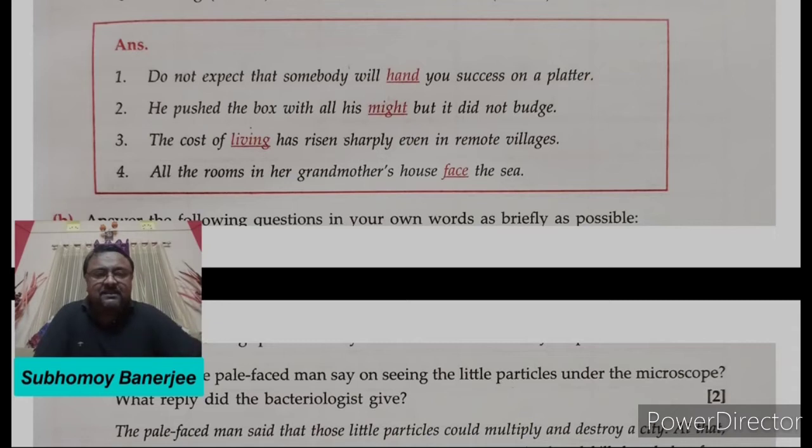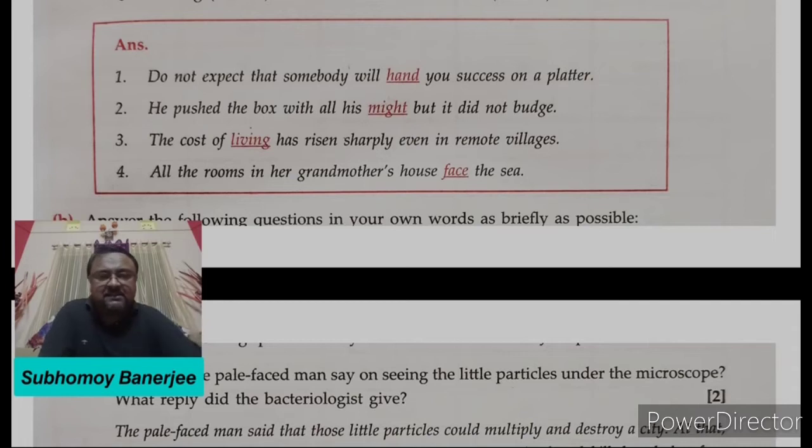Number 3, the cost of living, staying alive. The cost of living, the cost of sustaining your life, meaning is changed. That was a living creature, one which had life inside, and this means to stay alive. The cost of living has risen sharply even in remote villages.